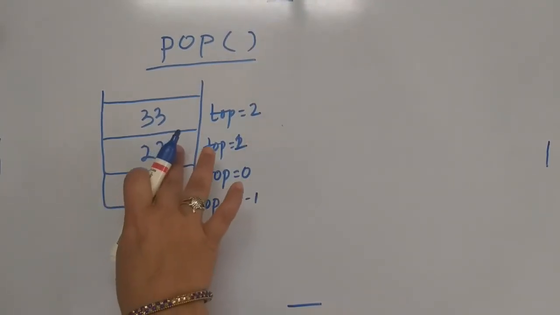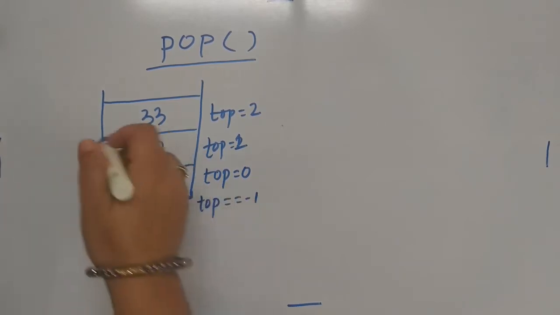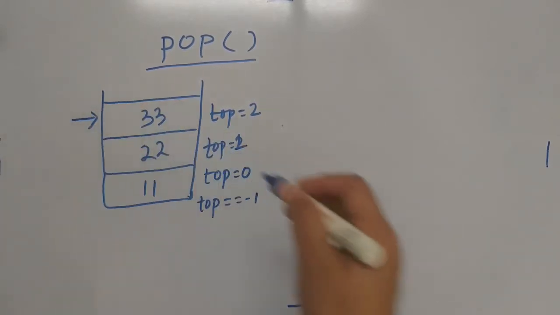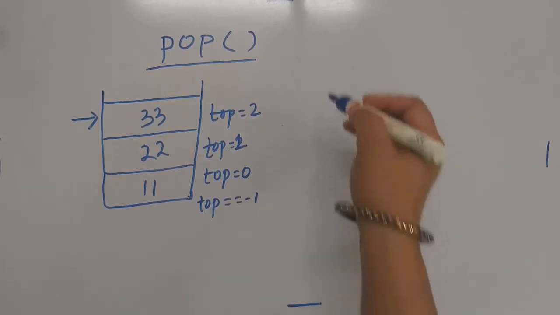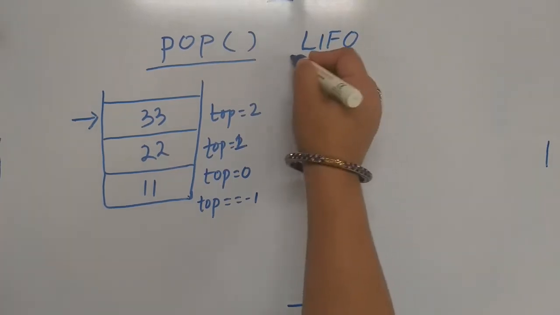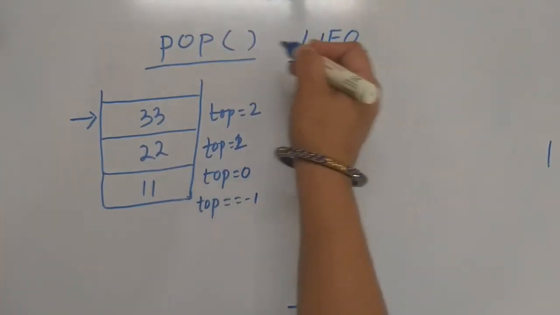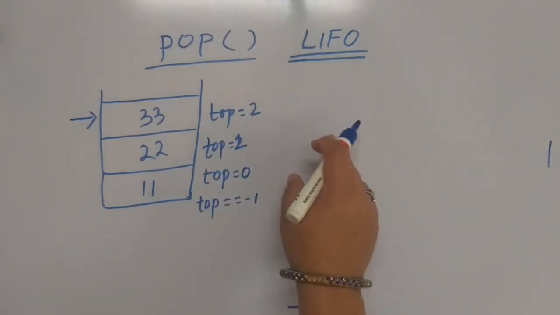Now in this stack three elements are there, so the top is indicating the topmost element. We know that in the stack we are working in last in first out order. That means the element pushed into the stack last, we pop first.